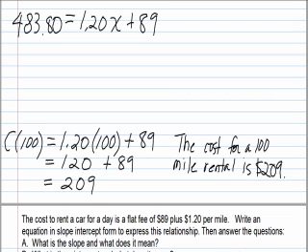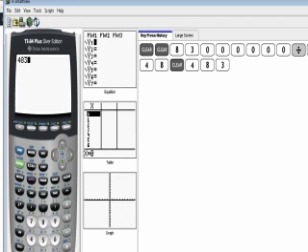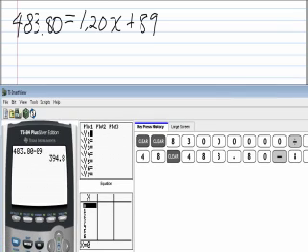We'd have to take 483.80 and subtract 89. So I'll switch over to the calculator here. 483.80, subtract from that the 89. So when I do the arithmetic of 483.80 subtract 89, I get 394.80.